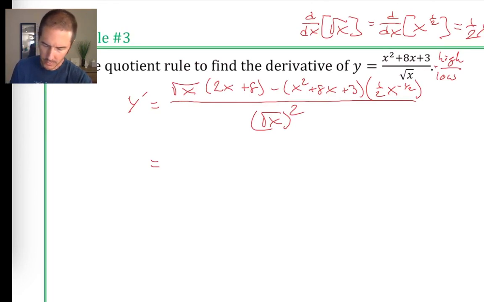And speaking of opportunities, I'm going to take this opportunity to change this into x to the 1/2 power. It's going to make it much easier to distribute it. Whether you want to erase it and change it to an x to the 1/2, or you just want to keep it in your mind, or put yourself a little note maybe: square root of x equals x to the 1/2 power.